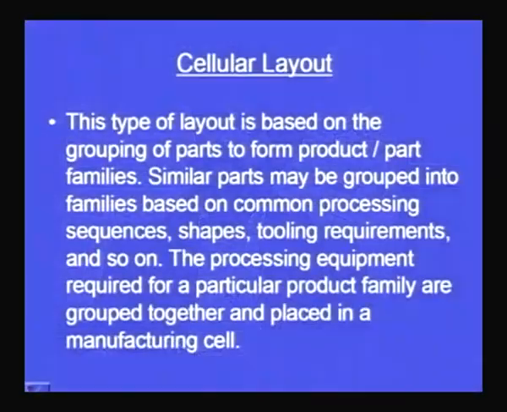The processing equipment required for a particular product family is grouped together and placed in a manufacturing cell. Once we have made the part families, the machines, tools and equipment required for that particular product family are grouped together and placed in one particular cell.